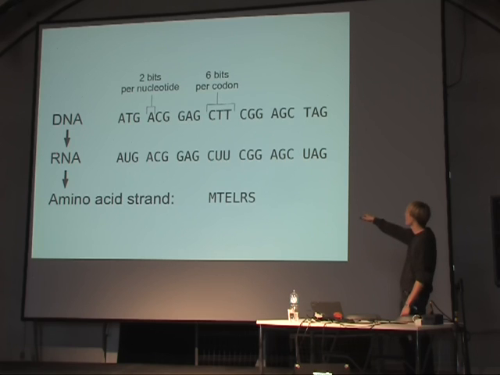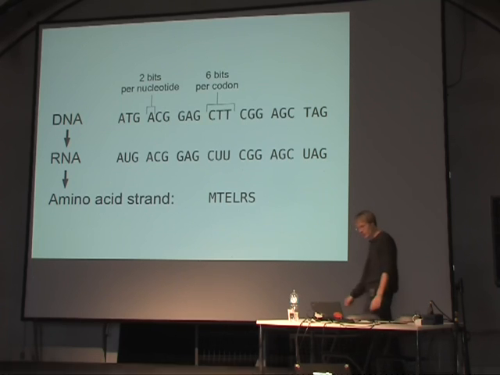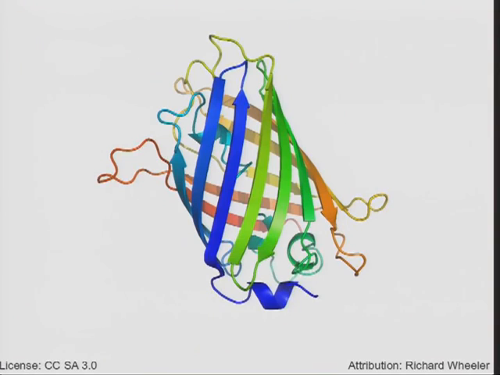So you go DNA, RNA, amino acid strand, and just as the bases in DNA have nice letters, the amino acids also have letters, so you can have an amino acid code like this. And then once you have an amino acid strand, what happens is that it folds into a structure.